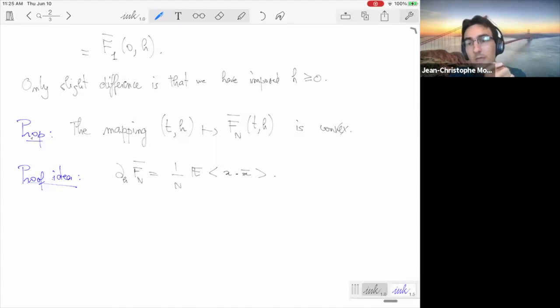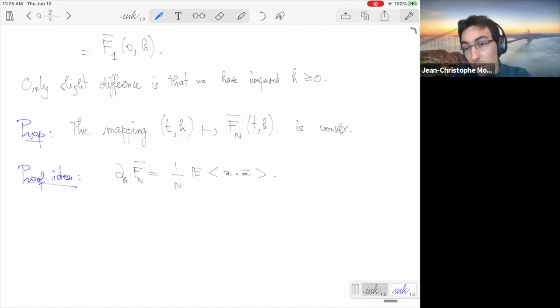And so it sounds extremely plausible that if we increase the signal to noise ratio, so if I increase h, then I will be able to learn more about x bar, and therefore I will make a smaller error. And in other words, I will have this quantity be larger. Okay, X and X bar will be better aligned.